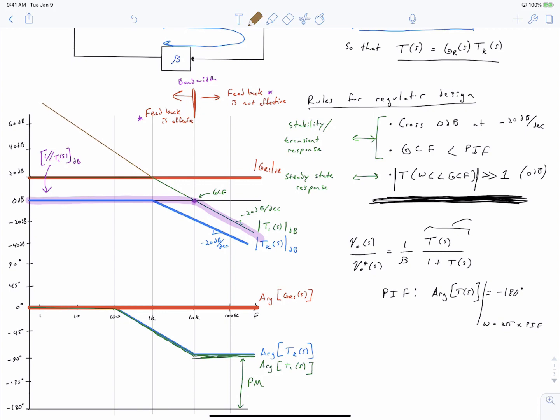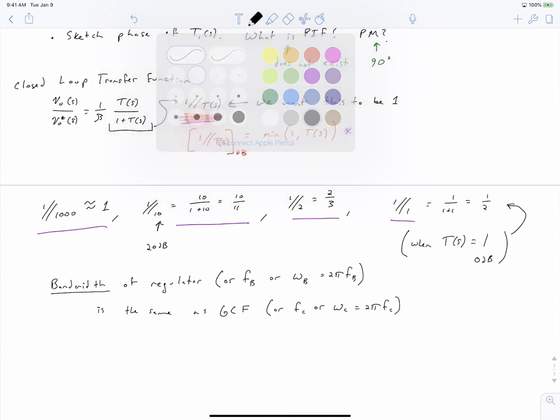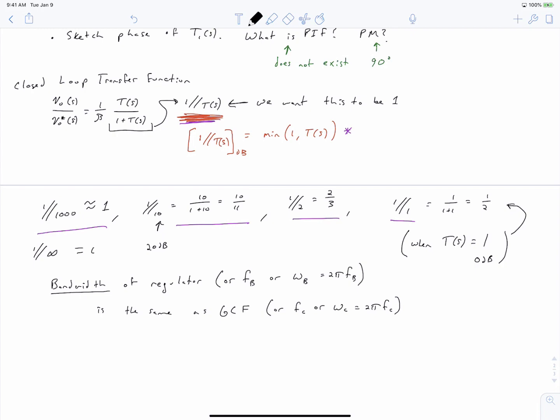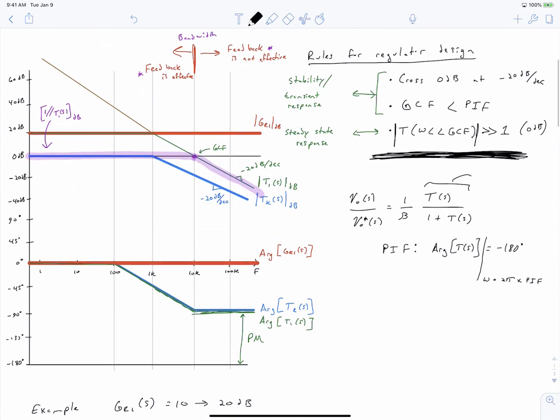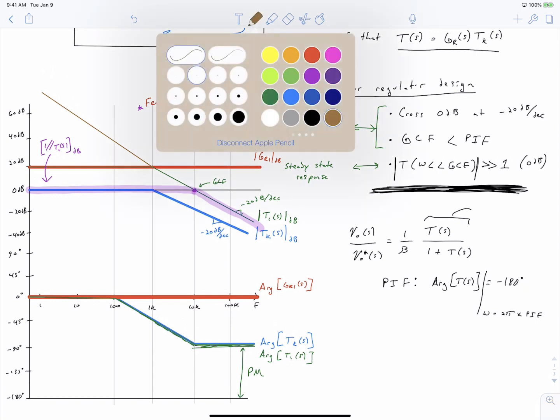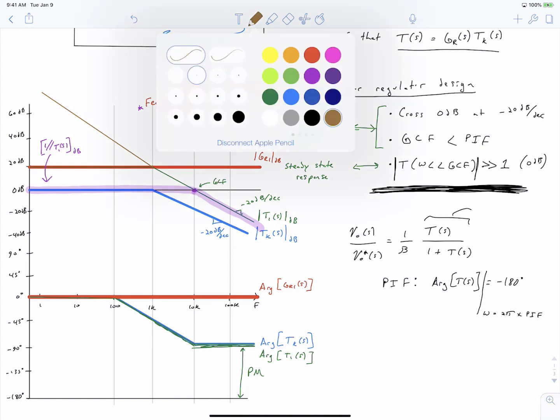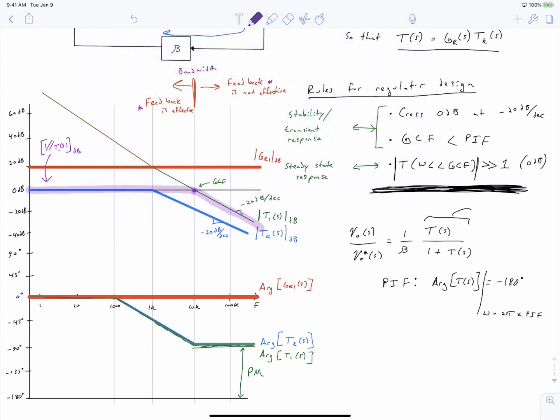Because if you're down here and you've got 1 in parallel with infinity, that is exactly equal to 1. And that's what we really want. So how can we make that happen? Well, we started to paint the picture in our last video, but the idea is that we can accomplish this by having a regulator which has a transfer function that looks like this.